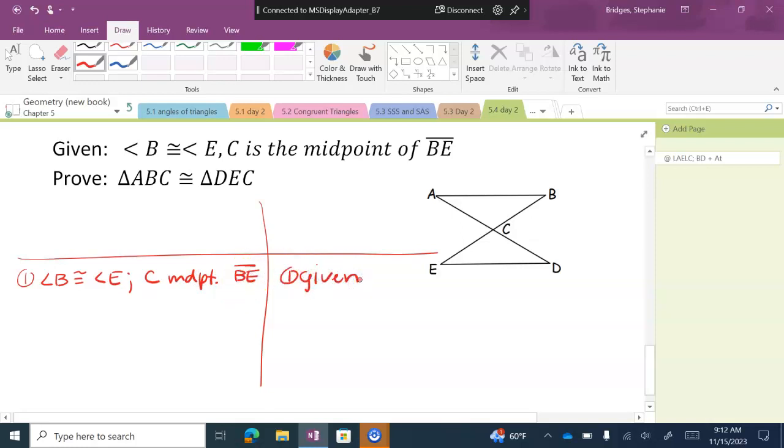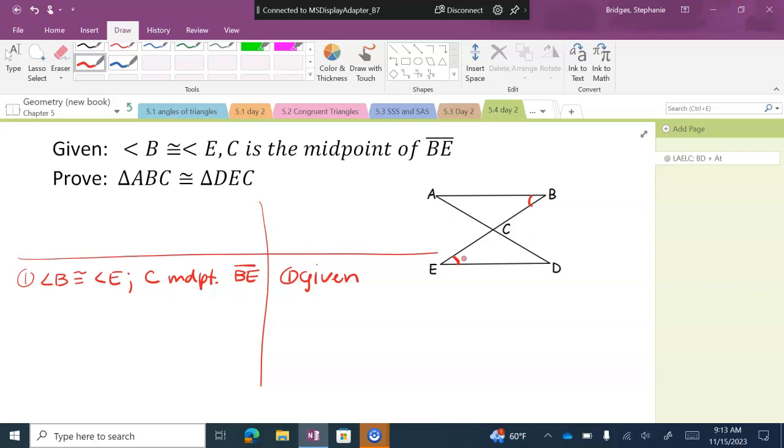What two angles does it tell me are congruent? B and E? All right.